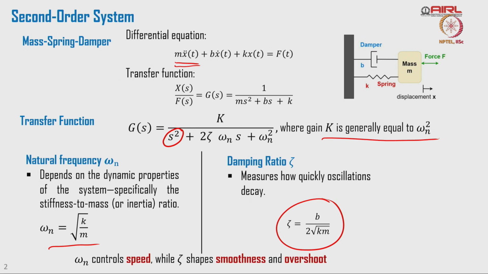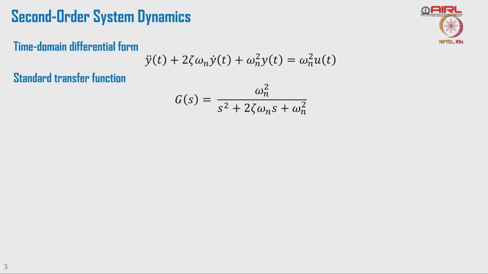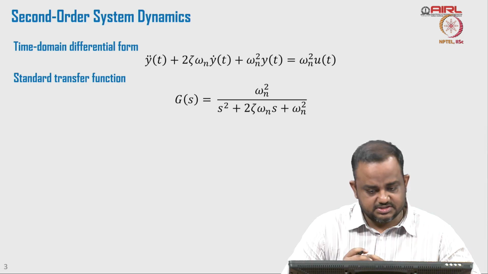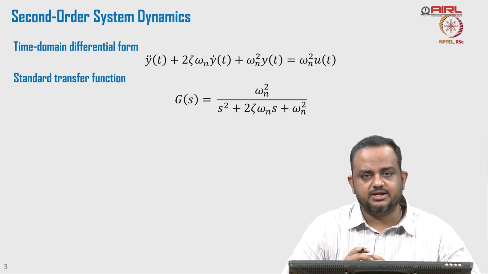Now, we have seen that omega n is responsible for controlling the speed of the system, while zeta shapes the smoothness and overshoot. So, we have seen how the responses look with the standard second order system. In this particular lecture, we will try to code in Matlab and see how things look when we simulate them in Matlab.